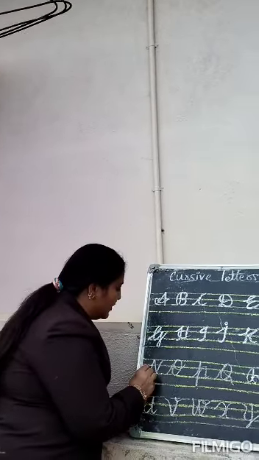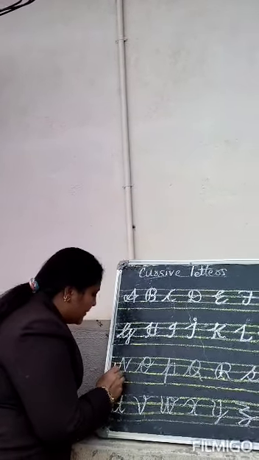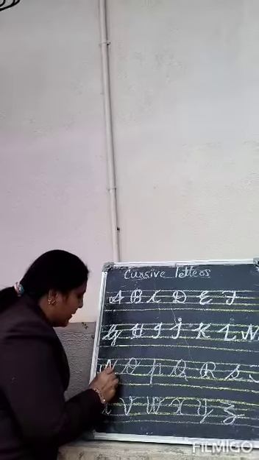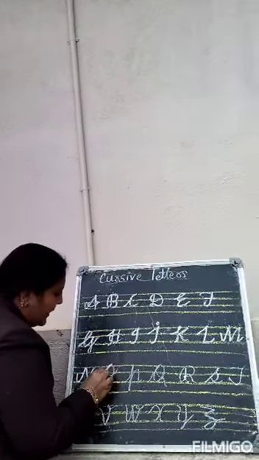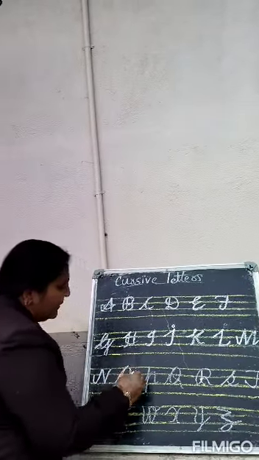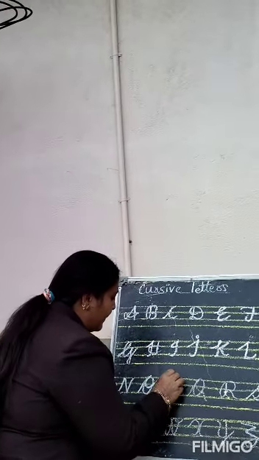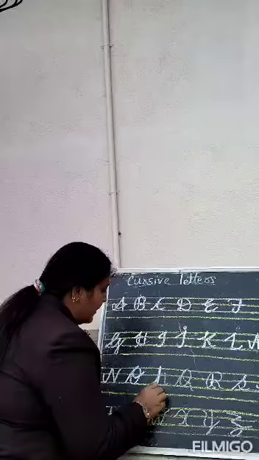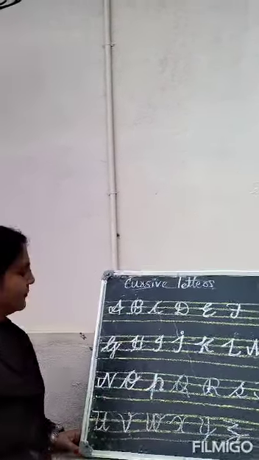So again we should come like this for N. Okay, children? Then again from the middle line, go like this, come like this, and then here, P. Okay, children?